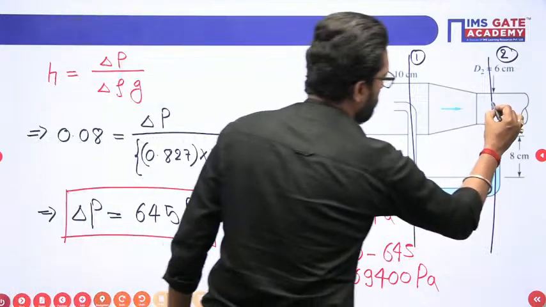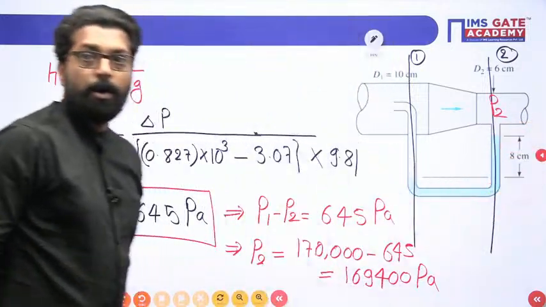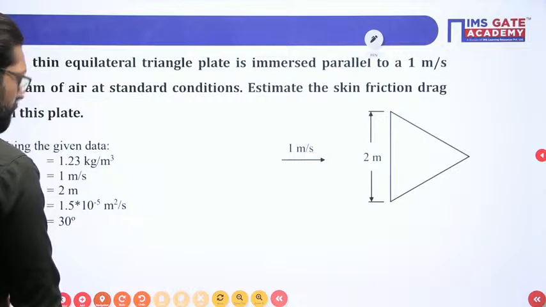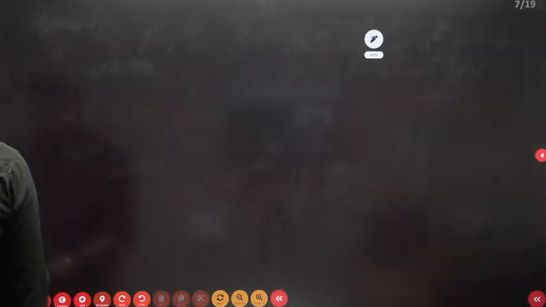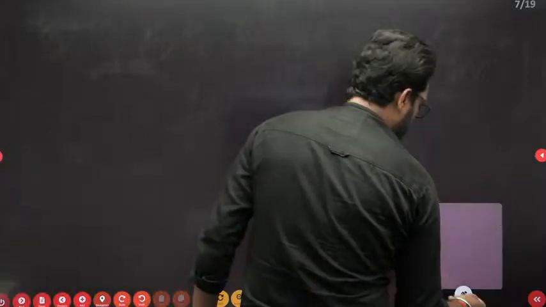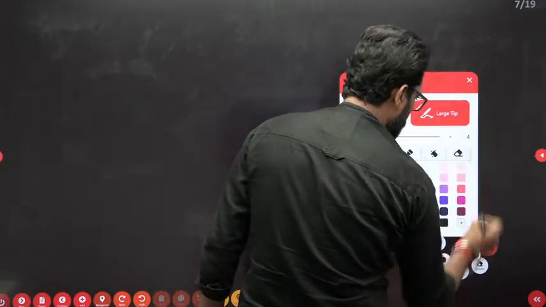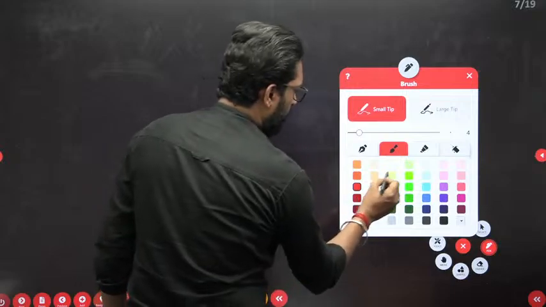Pressure at this point, P2. Once you have P2 pressure, you can easily find the rest.